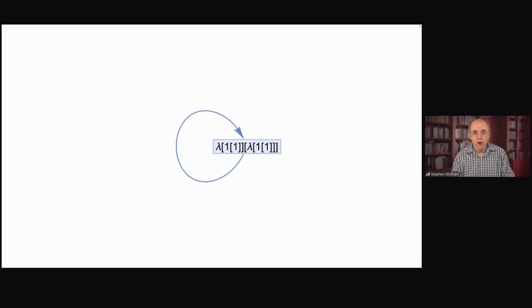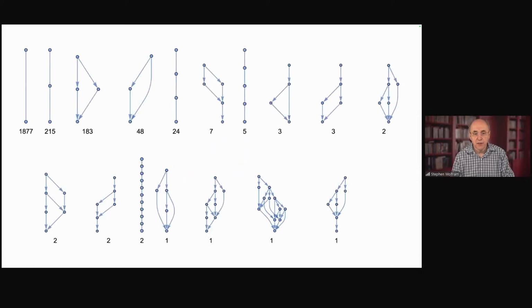And now at size 7, there are a whole variety of topologies of multi-way graphs. The numbers underneath are the multiplicities. And mostly these lead to termination. The biggest one of these just has 12 nodes in it.